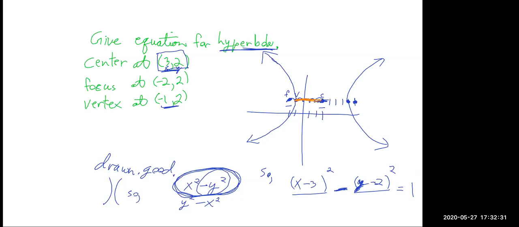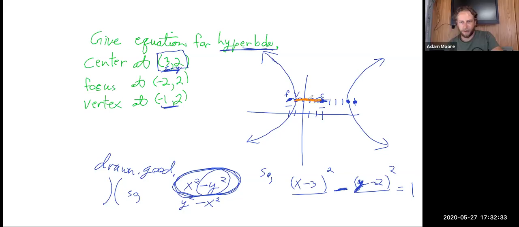So I'm going to draw a little line here, and we'll put 4, as in 4 steps from center to vertex. You could do that on the right-hand side as well, or just on the right-hand side. I'm just going to do it on the left. It'll be the same on both sides. And then we noticed also that it was 5 steps from the center to the focus. I'm not going to draw a line there because it's already on top of the other one.